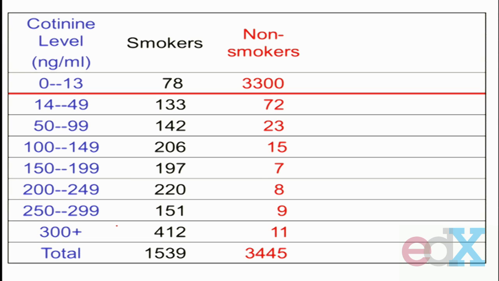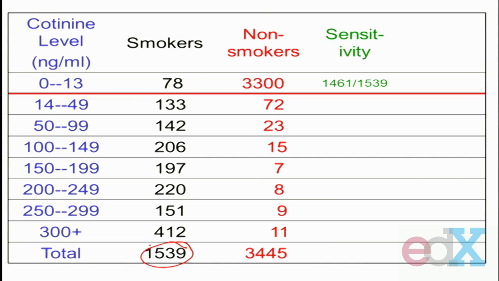Suppose we draw the line here. So suppose we draw the line at 13, 14, and call everybody below 14 a non-smoker and above 14 a smoker. Then what would we have? Well, the sensitivity of this procedure is, and let's say positive means you're a smoker.